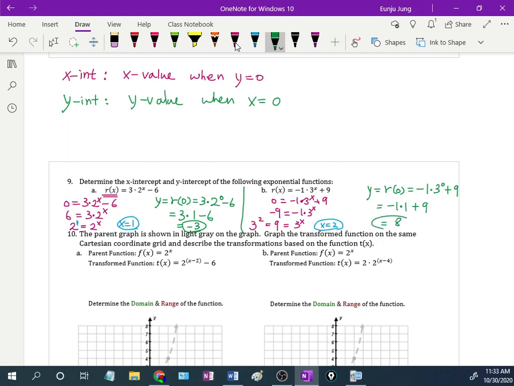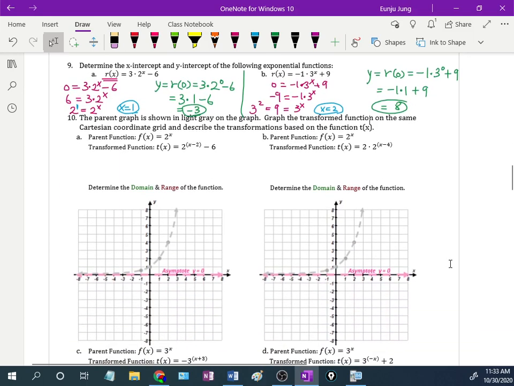So this is y-intercept. So we can find x-intercept, y-intercept by using the functions. And sometimes graphing those points is very important, so you can use those as a reference point, okay? And today we will use transformation rules for graphing. So x-intercept, y-intercept, you can plot those on the graph if it is necessary.